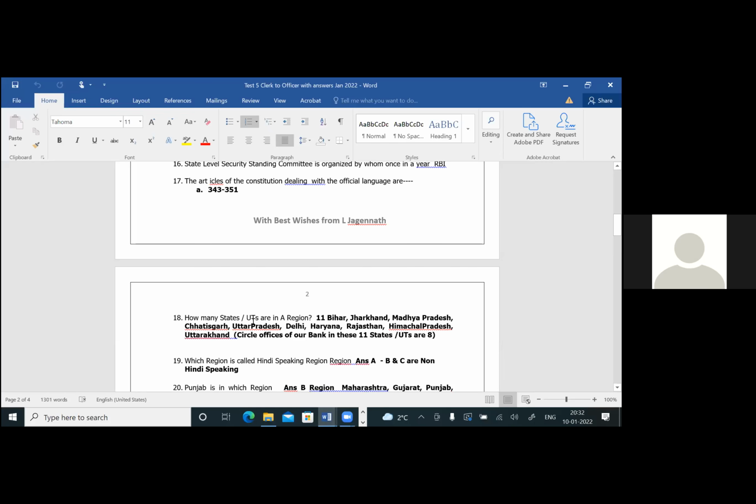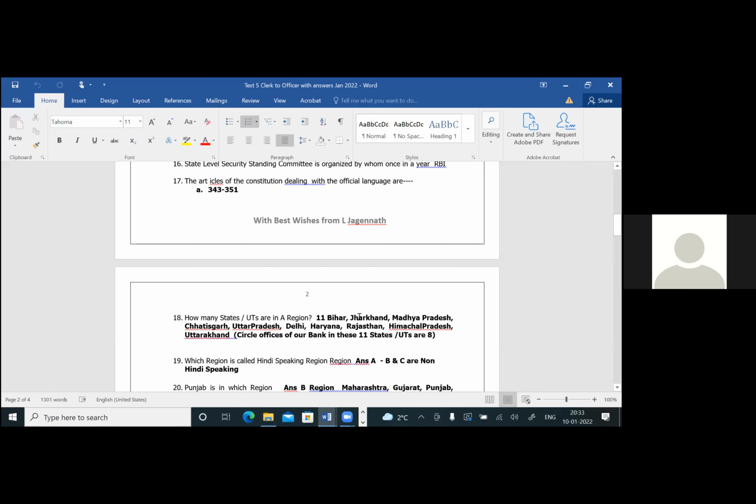How many states and union territories are in A region? You should know how many states and union territories India has in total, and how many of them are in A region. There are 11 states and union territories in A region: Bihar, Jharkhand, Madhya Pradesh, Chhattisgarh, Uttar Pradesh, Delhi, Haryana, Rajasthan, Himachal Pradesh, Uttarakhand.